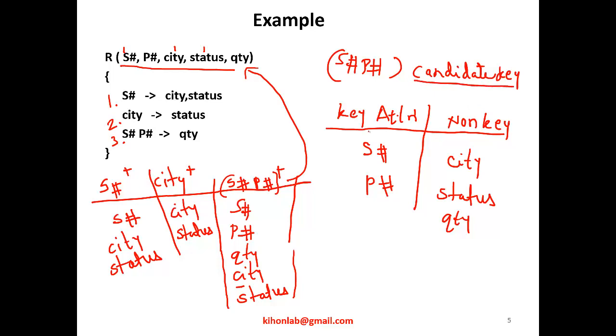Now depending on the key attributes, here S# P# completely acts as a candidate key, and this part of the candidate key is deriving non-key attributes CT, status, quantity. So this is called a partial dependency.